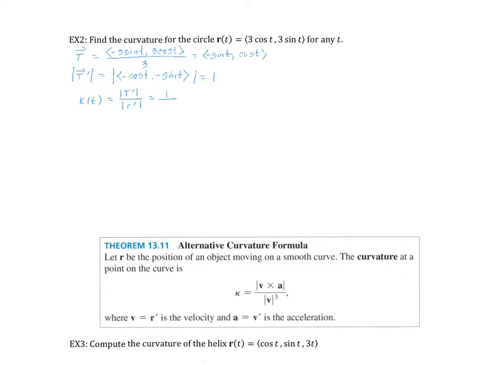So the magnitude of the derivative of r, well, the derivative of r is our negative 3 sine t, 3 cosine t. That was in the numerator when we computed our tangent vector. Its magnitude is simply 3. And that makes sense. Okay.